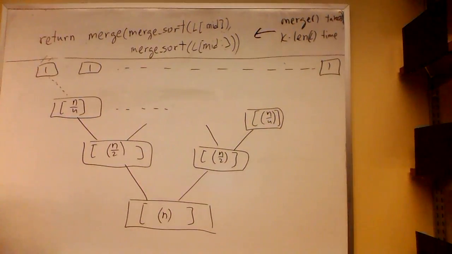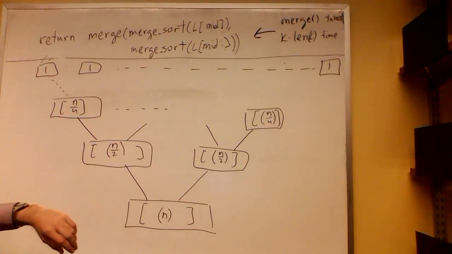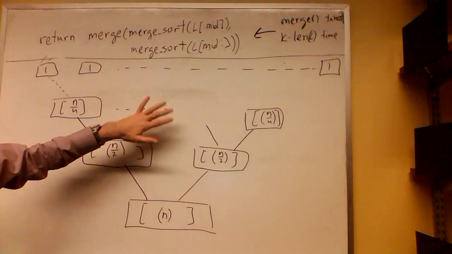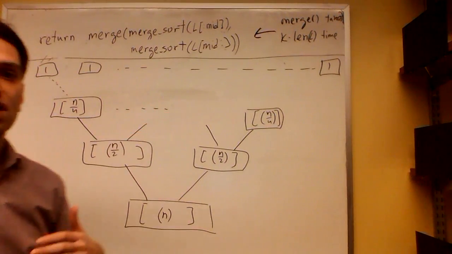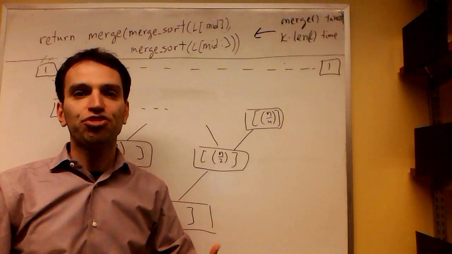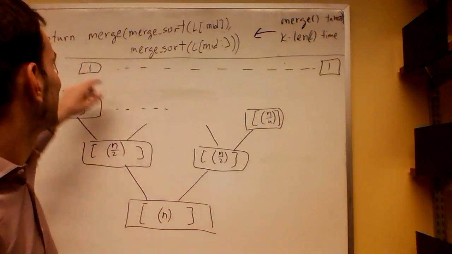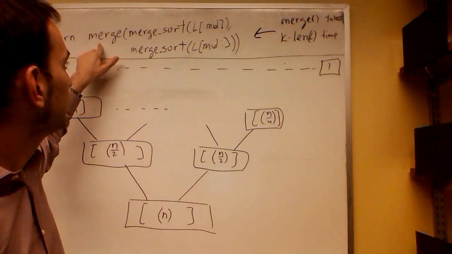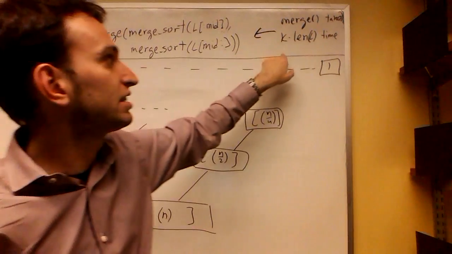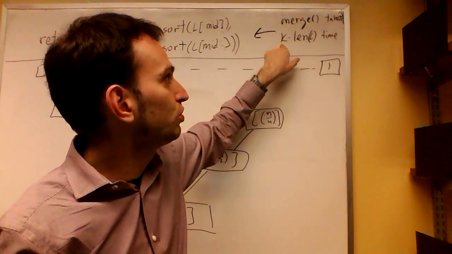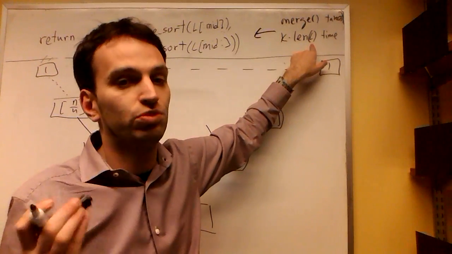Alright, so now in order to figure out the runtime of merge sort, you cannot simply count the number of calls to merge sort. That's because each call to merge sort actually will take, in this instance, different amounts of time. Why is that? Well, it's because inside each call to merge sort, you have this call to merge, which takes time proportional to k times the length of L, in terms of operations, or in terms of seconds, whatever.